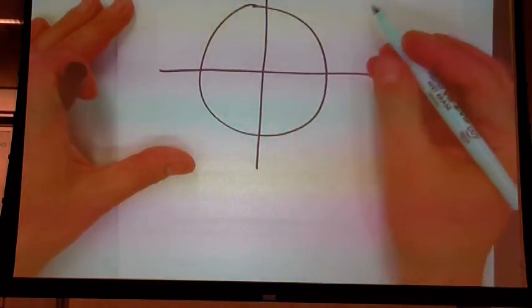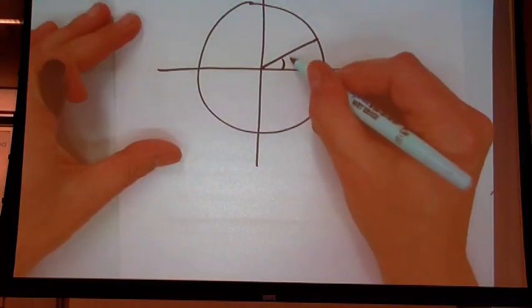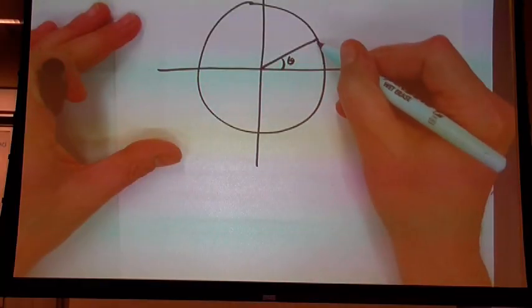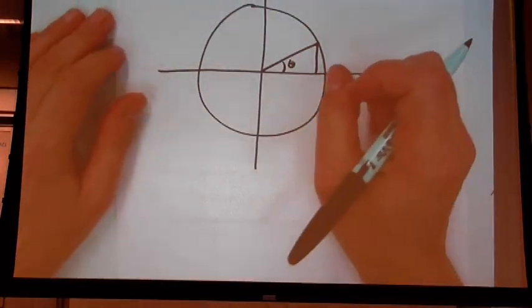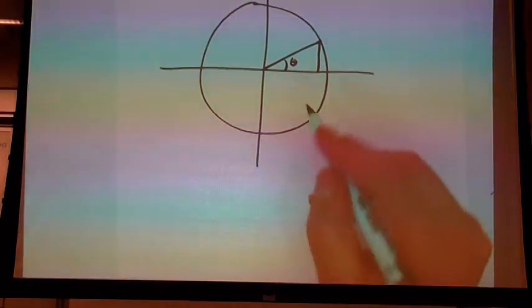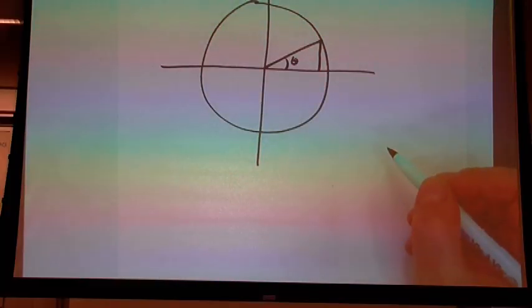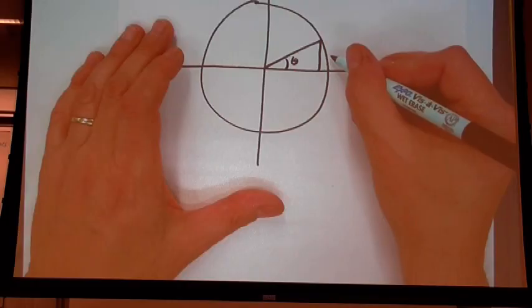Let's say I have some angle here. We'll just call it theta. Any old angle. And I'm going to be looking at the tangent of that angle.